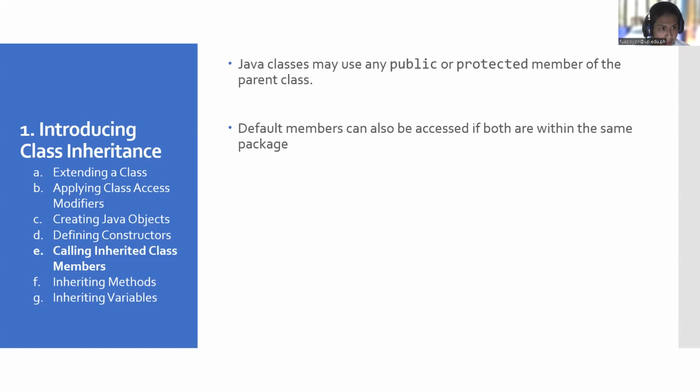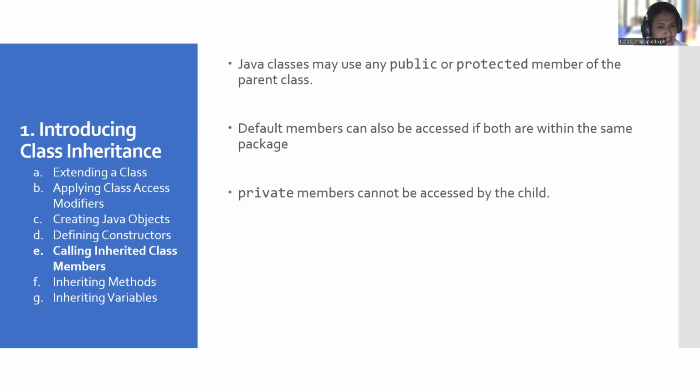So if your child class and your parent class are in the same package, whether it is the default package or a package with a name, you can use the default members, those without the access modifiers. But if your parent class is in a different package, you cannot use the default members.